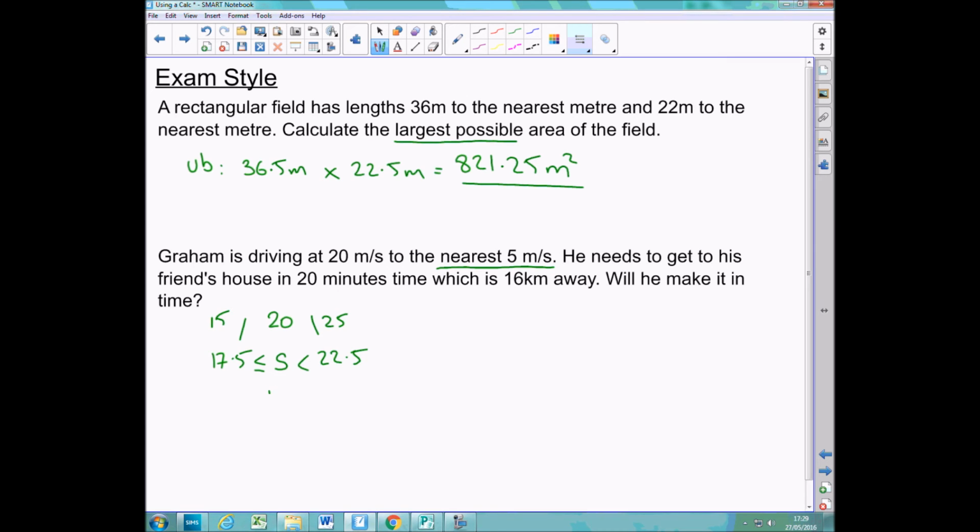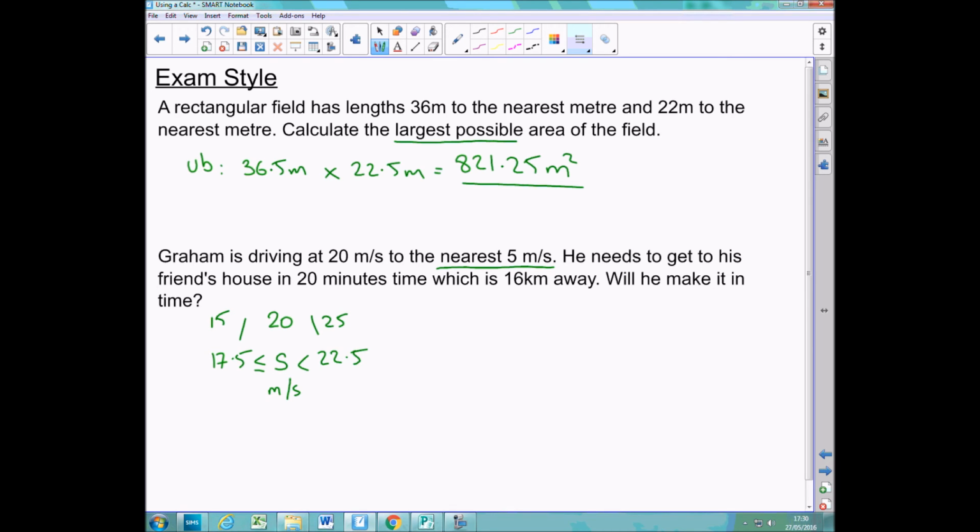Now this is measured in meters per second, and unfortunately our time here, he needs to make the journey in 20 minutes, so it's not consistent in terms of time, and he has to make a distance of 16 kilometers, so we're not consistent with the distance either. So what we need to do here is change this unit of speed into kilometers per minute.